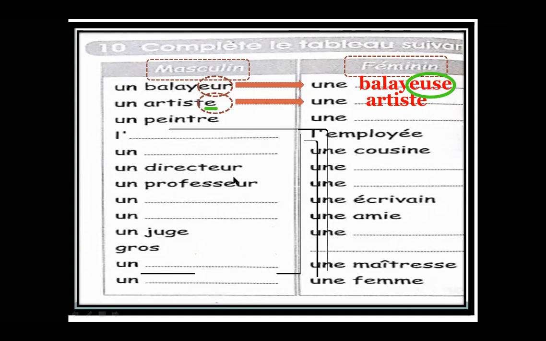Un peintre. Un peintre means painter, the one who paints the building or the house. Also, if you notice, this word ends with, who can answer?